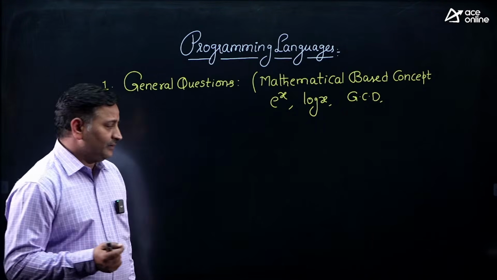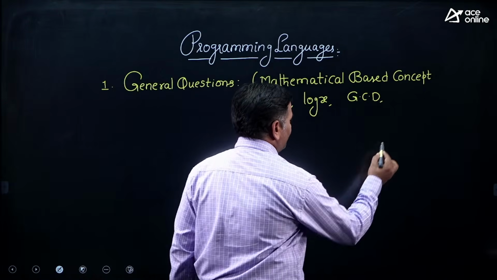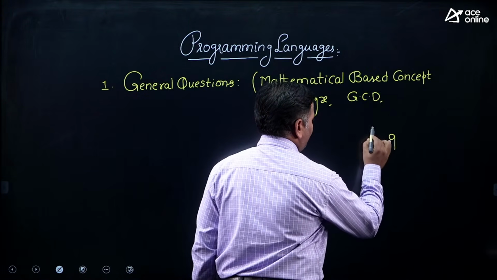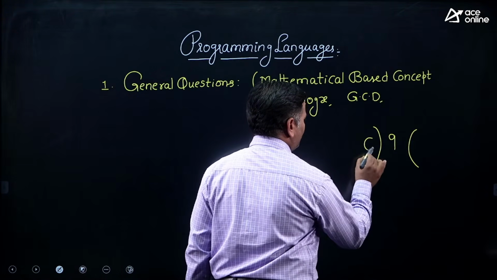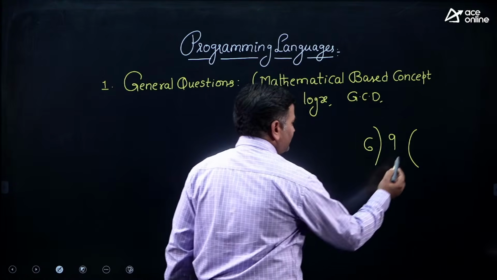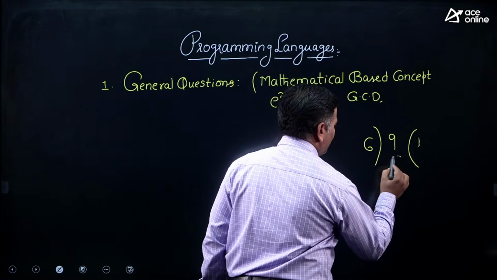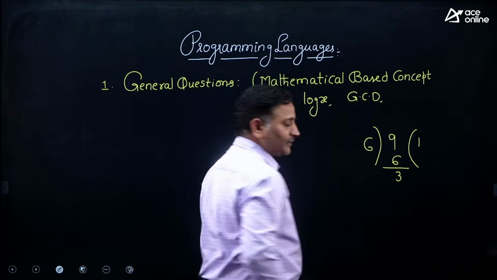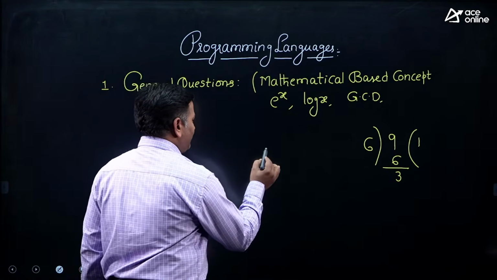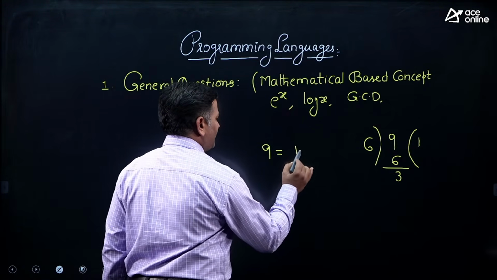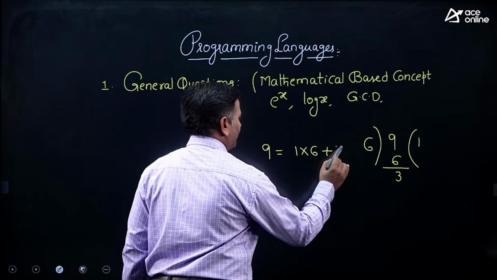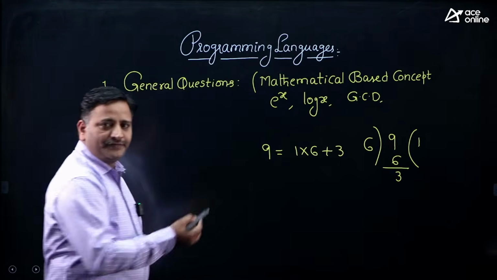For example, if you take the number 9 and divide it by 6, it divides one time and the remainder is 3. So we write 9 equals 1 times 6 plus 3. This is known as the Euclidean division algorithm.